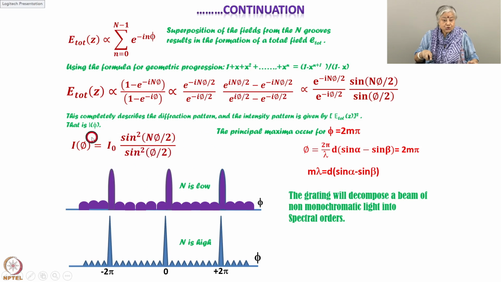This shows that I will get principal maxima occurring for phi equal to 2 m pi, where m is an integer: 0, 2 pi, 4 pi, like that. Those will give me a maximum.